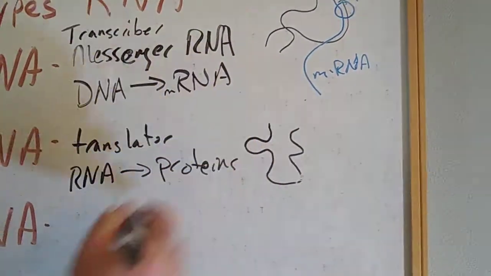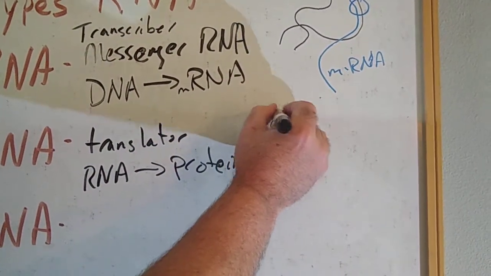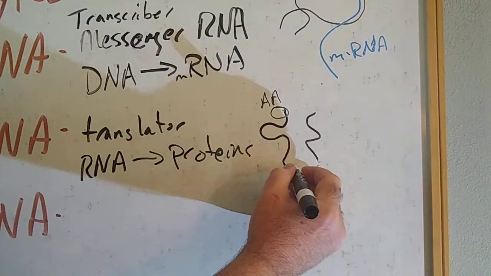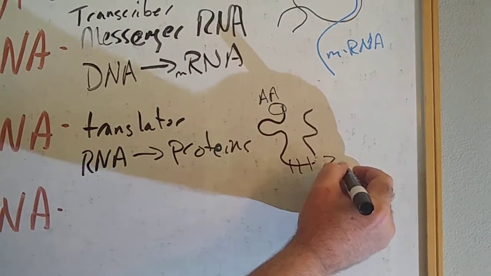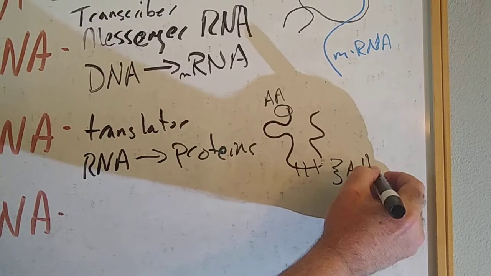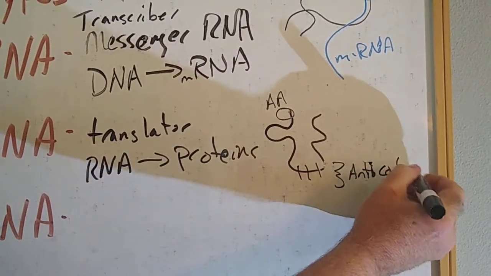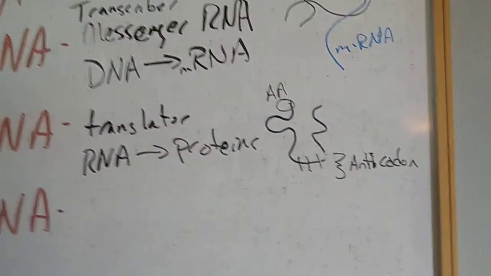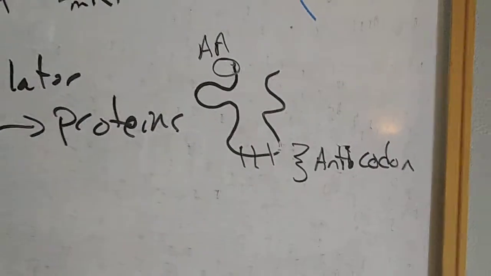And on one side it is attached to an amino acid, because, hey, we know that amino acids build proteins. And then it has this special portion down here, which we'll talk about more in our next video, called the, and I spelled that wrong, the anticodon. Now, codons, as we learned in the last chapter, were sets of three nitrogen bases that code for some information.